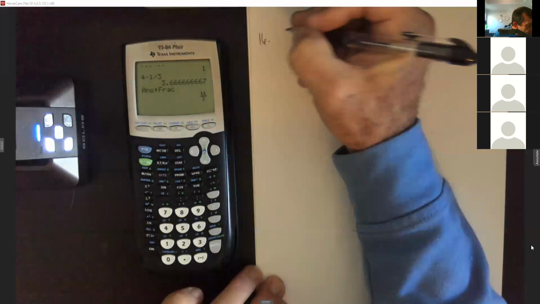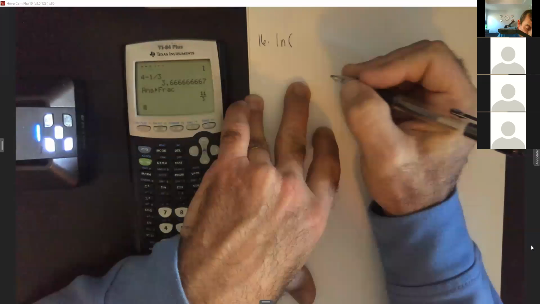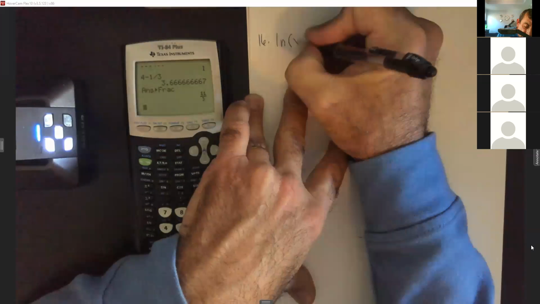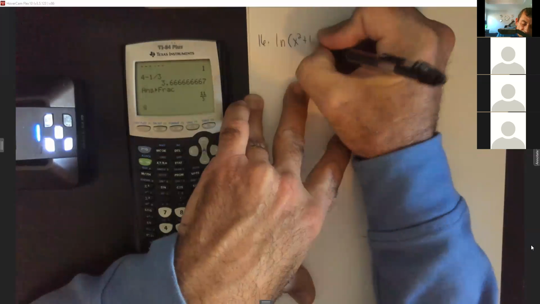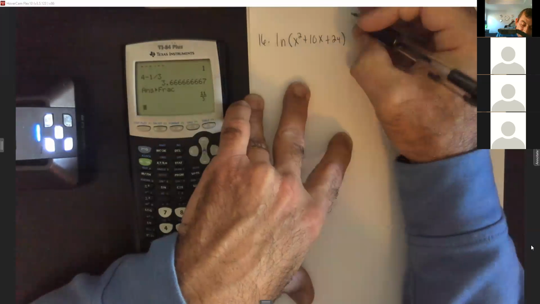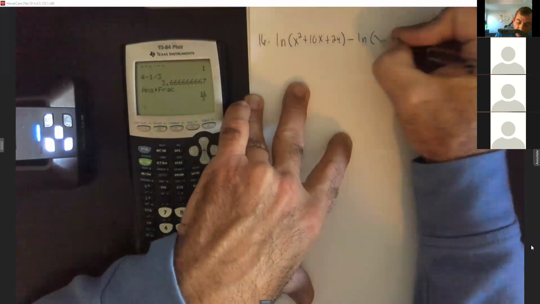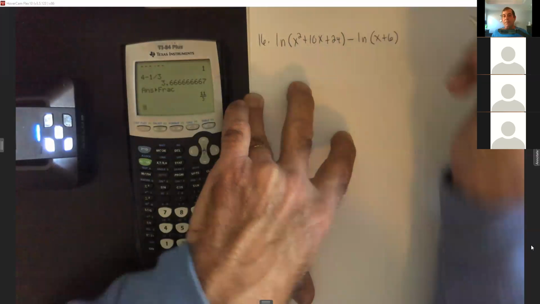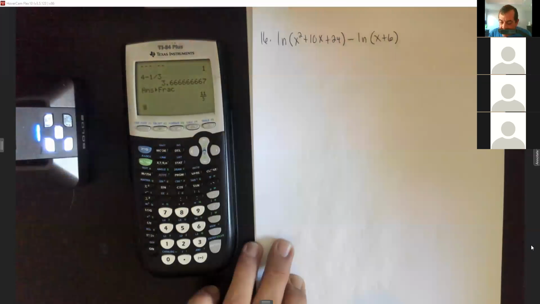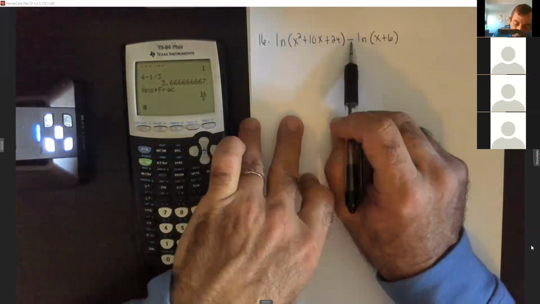All righty, let's see. Now the last two, we're going to test your factoring ability. So I've got an ln of x squared plus 10x plus 24 minus ln x plus 6. All right, so nothing I can do to these other than rewrite them, and since they're being subtracted, they're going to look like division.